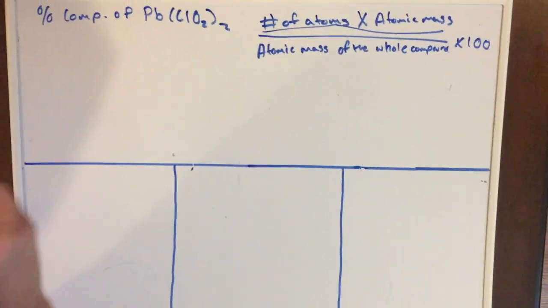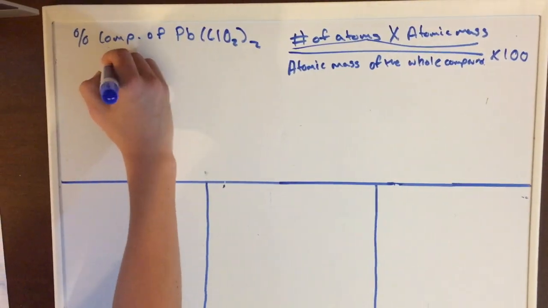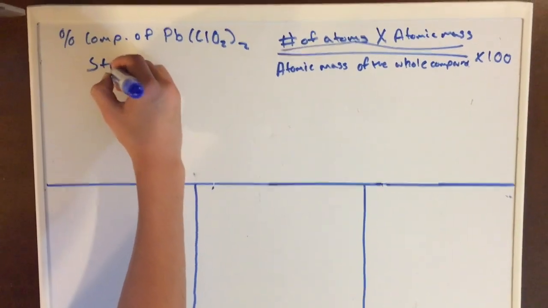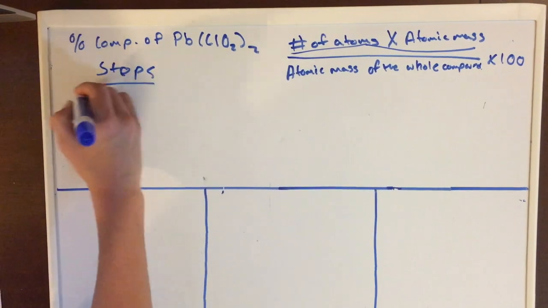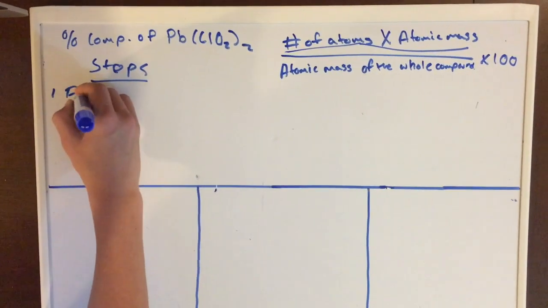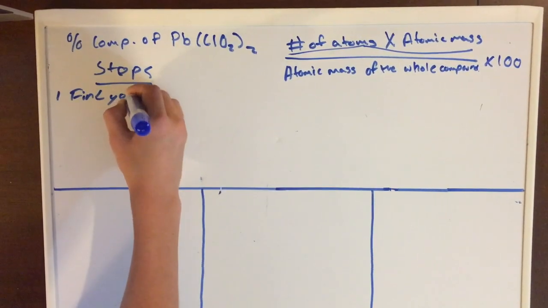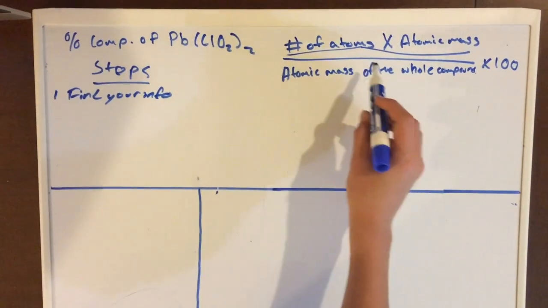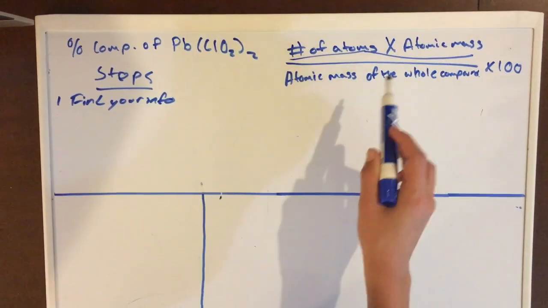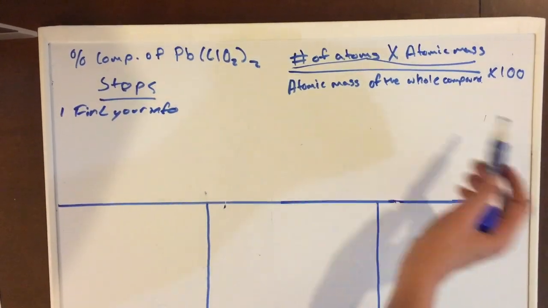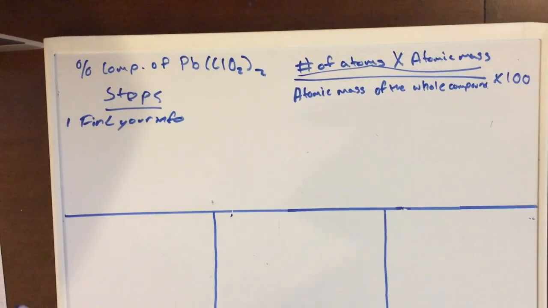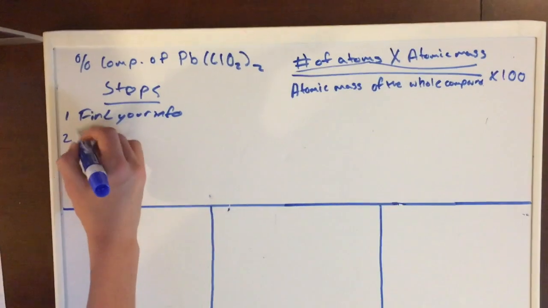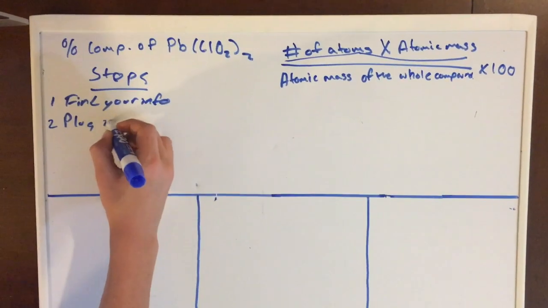So how are we going to do this is in a couple of steps. So step 1, find your info. So in other words, find your number of atoms, find the atomic mass of your elements, and then find the atomic mass of the whole compound. Number 2, plug in your info.